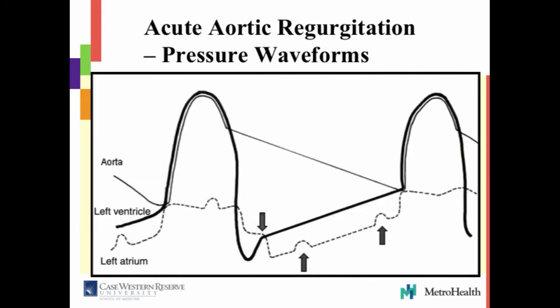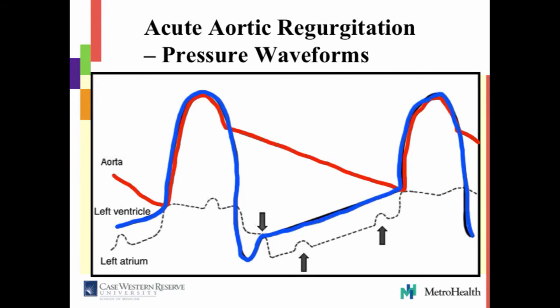Okay, so let's talk about acute aortic regurgitation. So again, somebody with endocarditis, the valve's destroyed, and now you have backflow of blood between the aorta and the left ventricle. So what you see here is the aortic blood pressure waveform, and this is the left ventricular pressure waveform.